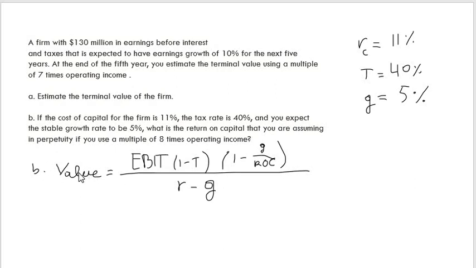Now, I know that the value divided by EBIT is 8. Therefore, 8 is what I get after I divide my value by EBIT, and therefore I have to remove this EBIT from here.